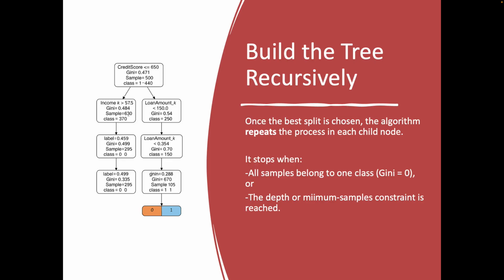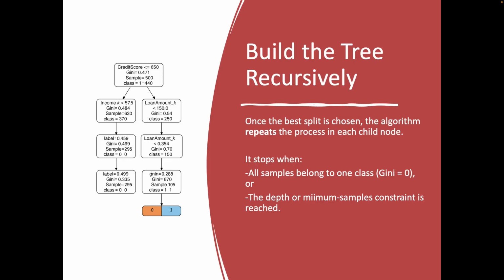This is child 2. Then we see how many of those 500 samples have a loan amount less than 150K, and on the right side, how many have income greater than 57K. So we try both.